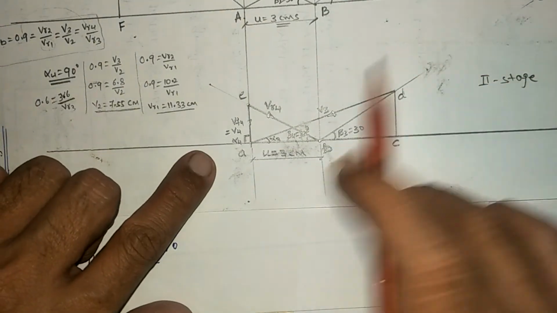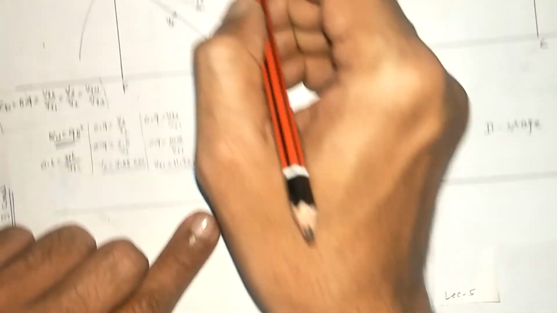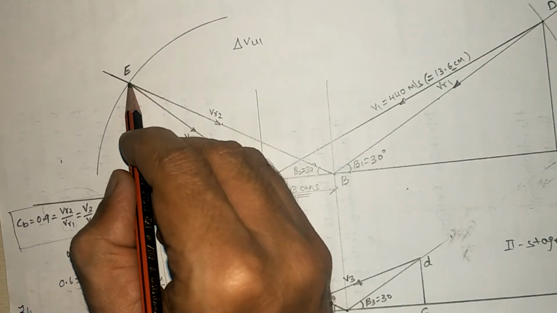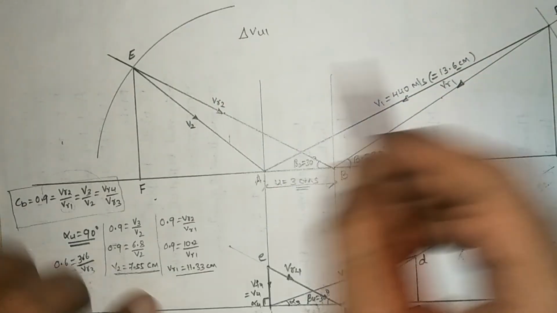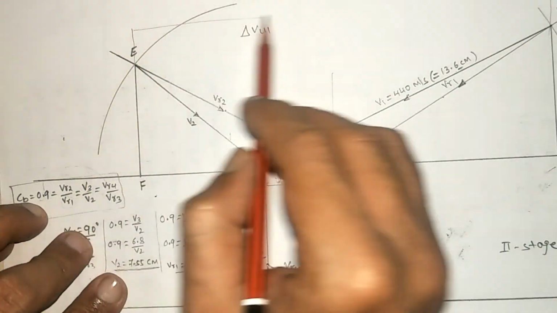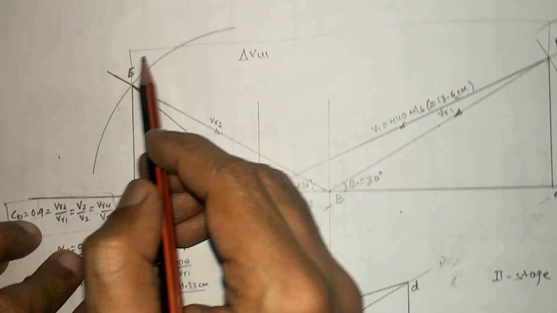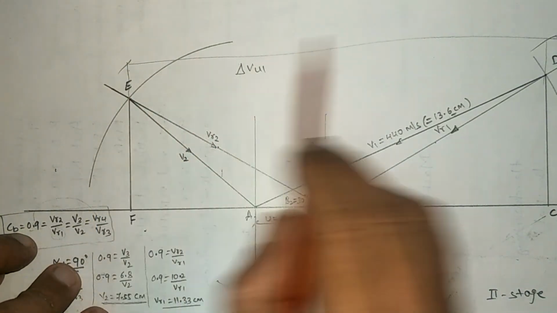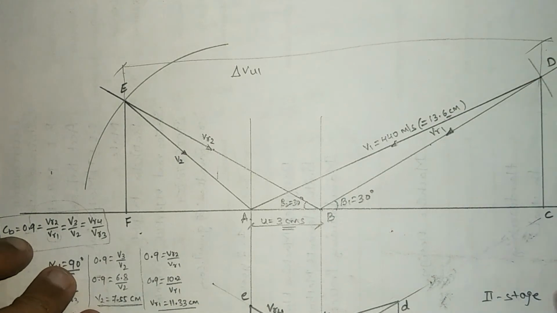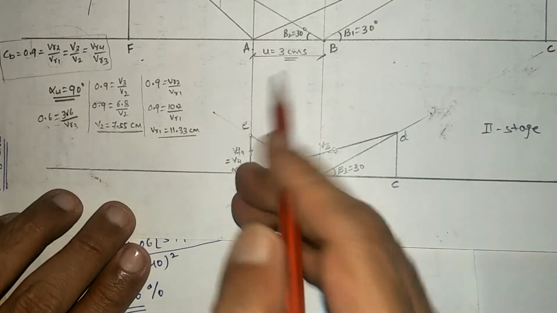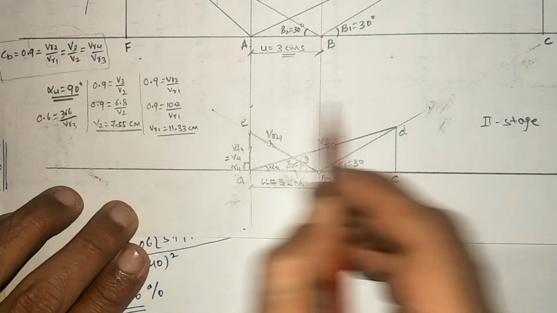Similarly, delta Vu2 is the distance from small e to small d.